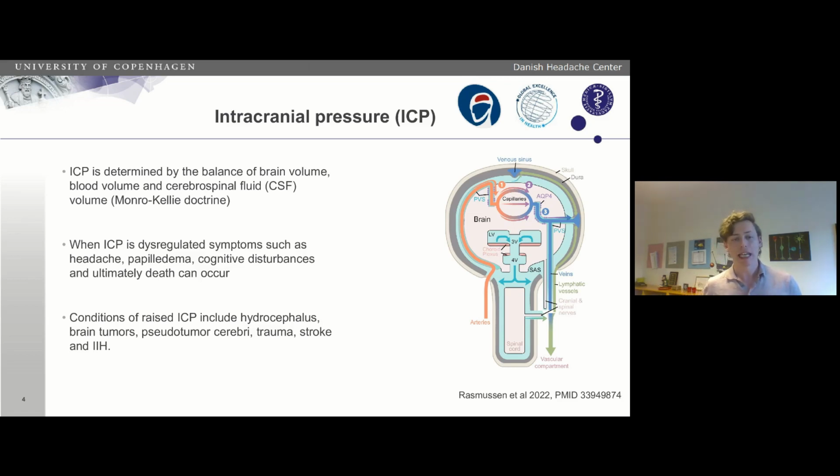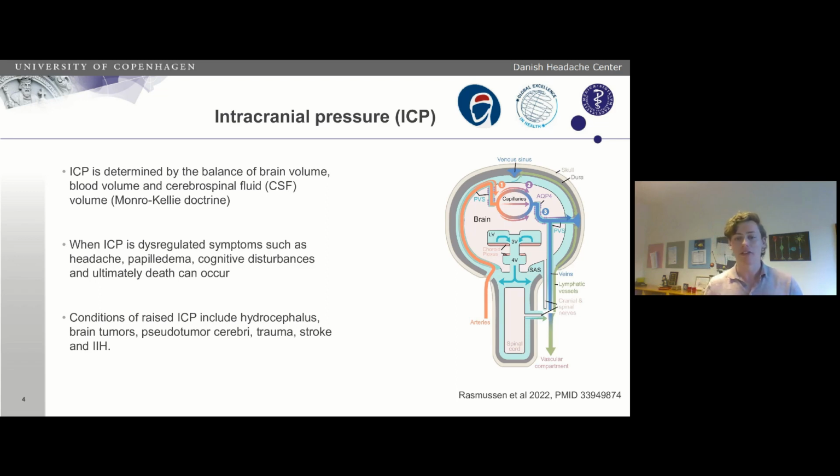When ICP is dysregulated, many symptoms can occur, such as headache, papilledema, which is swelling of the retina, cognitive disturbances, and if left untreated and it gets severe, ultimately death can occur.